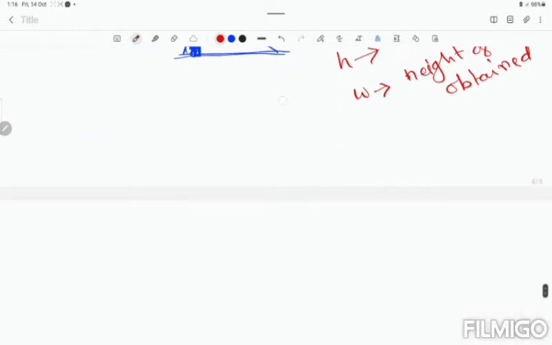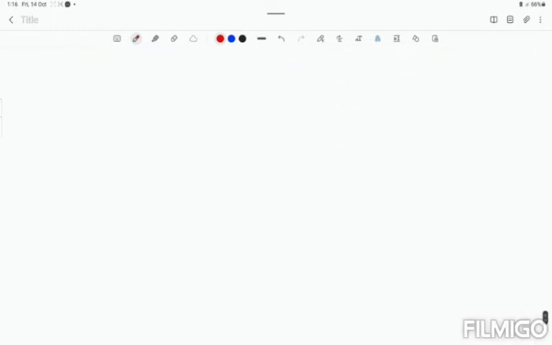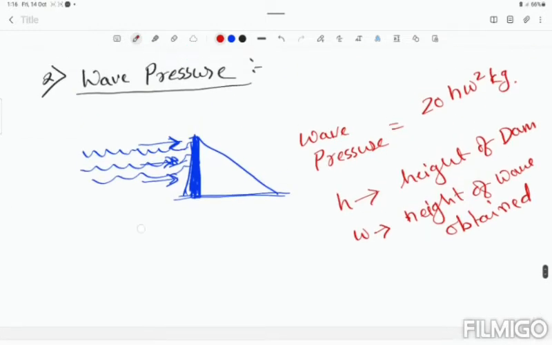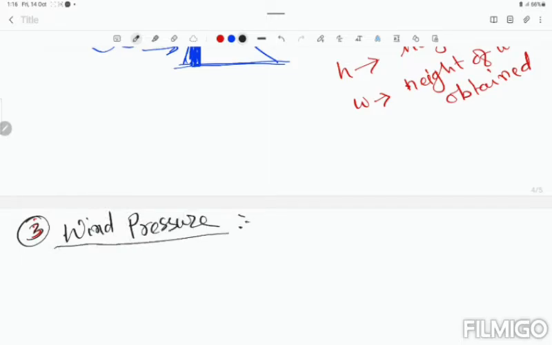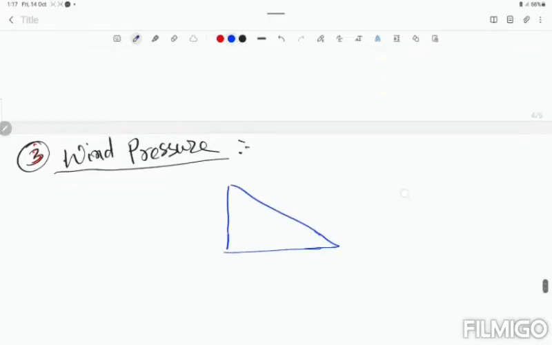Okay, and the third pressure which we take into consideration is wind pressure. According to wind pressure, if we are going to construct the body of the dam, we will see it in detail.